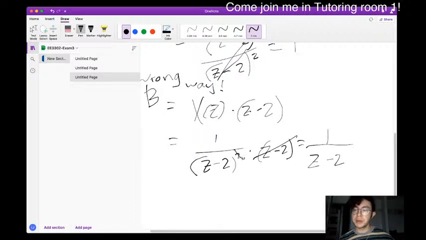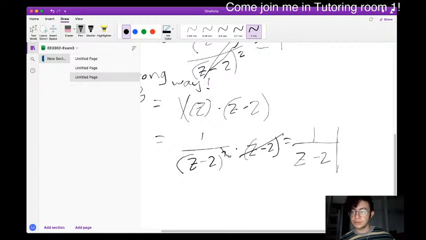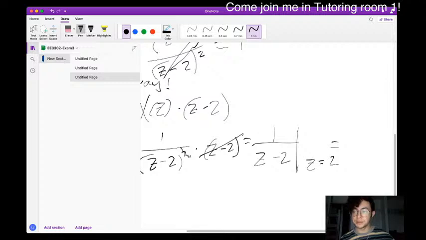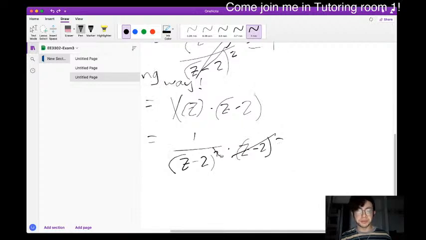And if we evaluate this at z equal to 2, notice that this will come out to infinity, because we'll get 0. If we plug in 2 here, then we'll get 2 minus 2, which is 0. We'll get 1 over 0, which is infinity. So that's not a valid answer. So we're going to have to try out a different method.